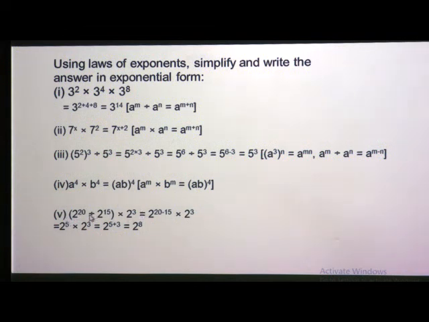I had not written it in the fraction form, it was just a division, so I had directly subtracted. So, you know when it is in the division form or when it is in the denominator, then we have to subtract the power. So, in this way we have learned all the laws of exponents, simplifying and writing the answers in an exponential form.